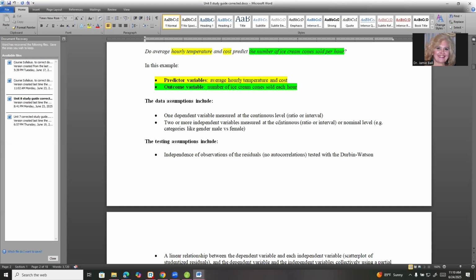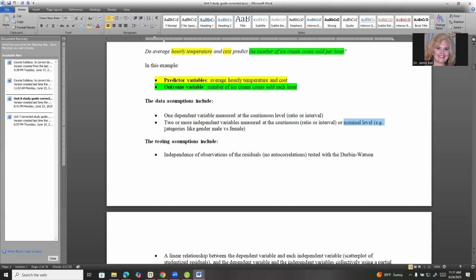I'm counting something. And the other data assumption is two or more independent variables, also called predictor variables, that can be measured either at a continuous, ratio or interval level, or at a nominal, categorical level, like male versus female, or age groups by generation: Gen Z, millennial, Gen X, boomers.